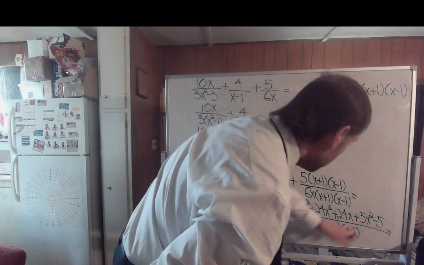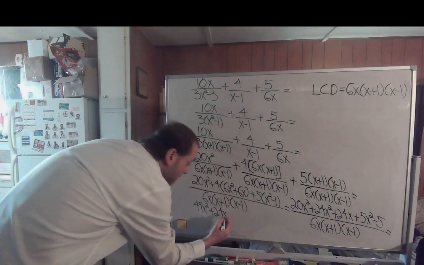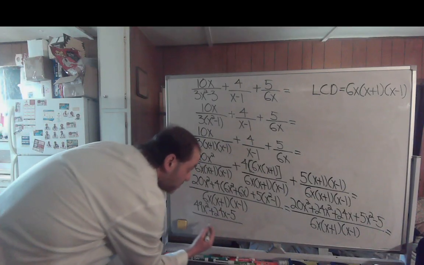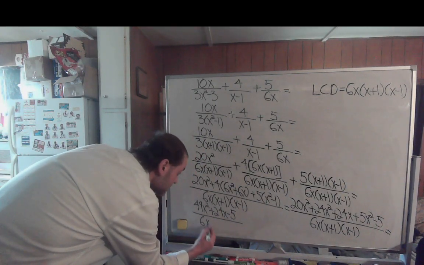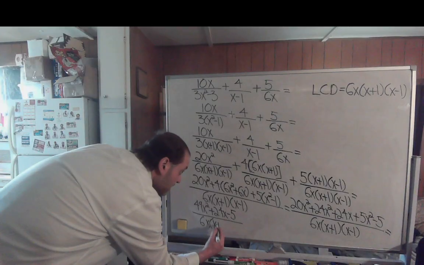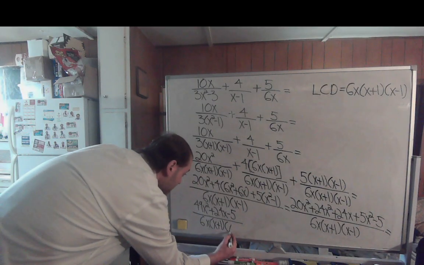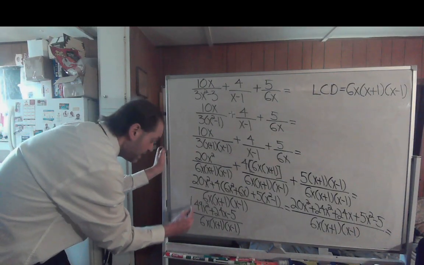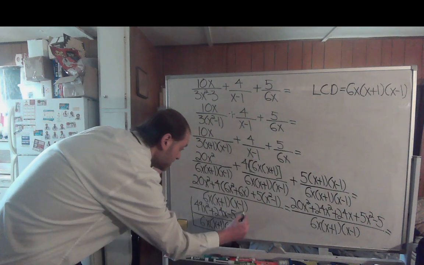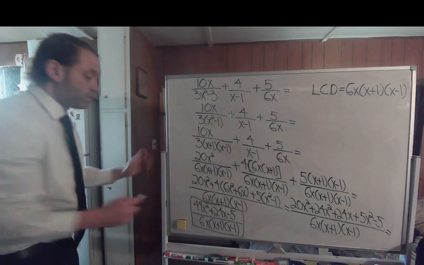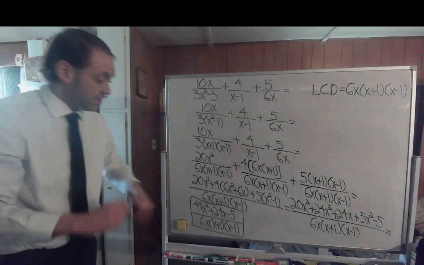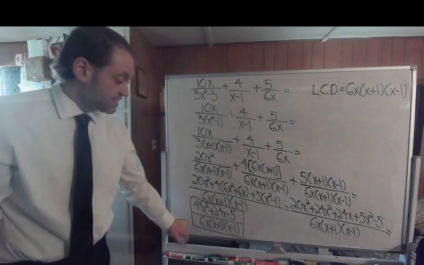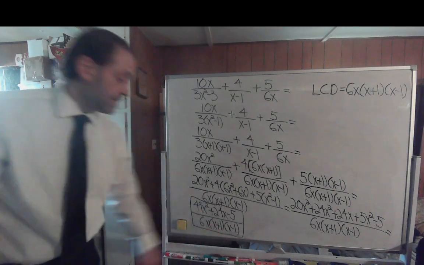And then you just simply have a minus 5. All that divided by 6x times x plus 1 times x minus 1. And really, truly, that is really the best we can do here. So you should get 49x squared plus 24x minus 5 all over 6x times x plus 1 times x minus 1.